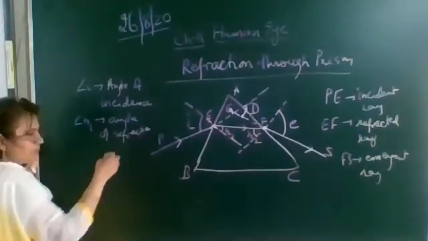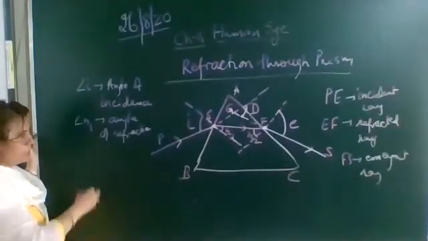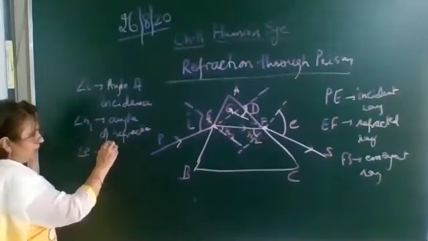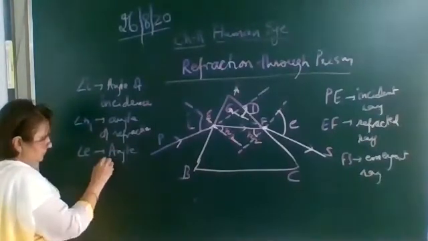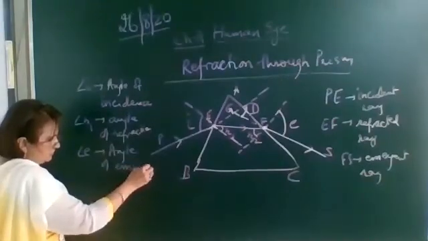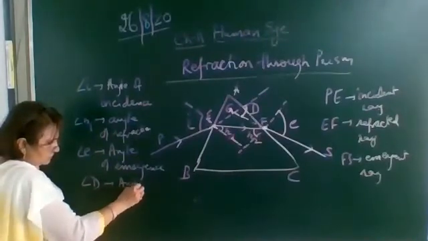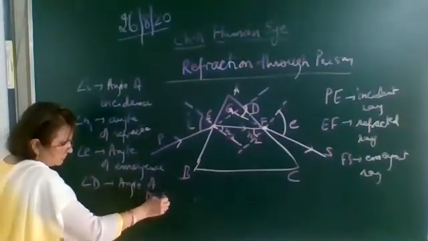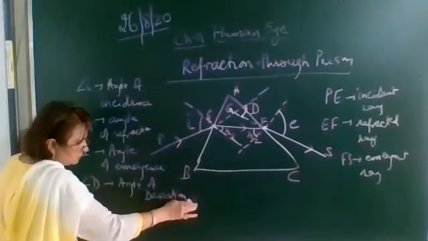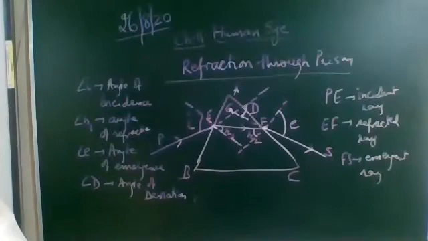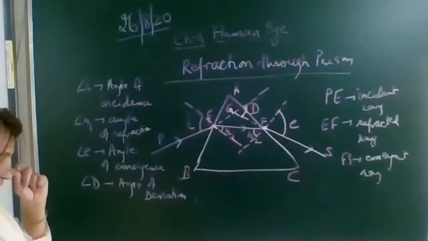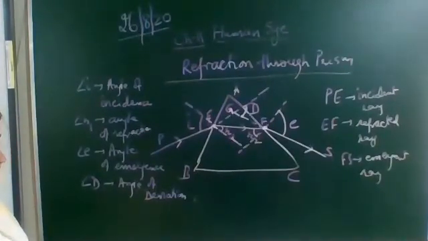Angle R2 also we call angle of refraction, but here write it only R1. Angle E, angle of emergence. And angle D, angle of deviation. Write all the angles and all the rays. Then you'll write 2-3 lines about how the refraction is taking place.